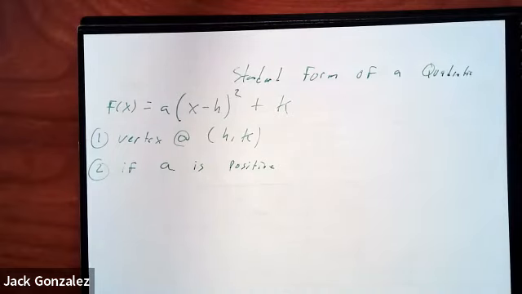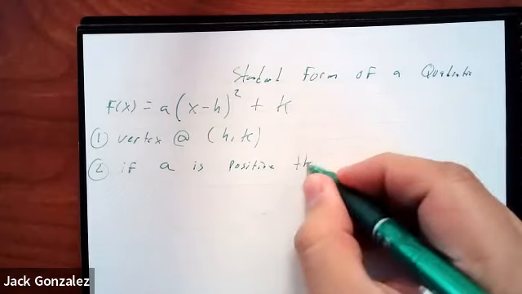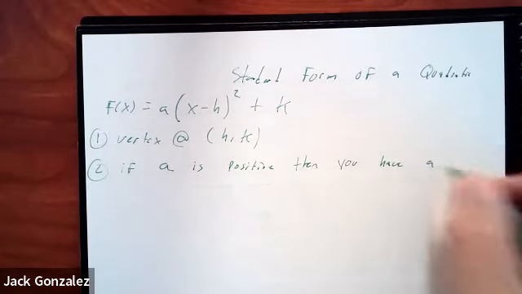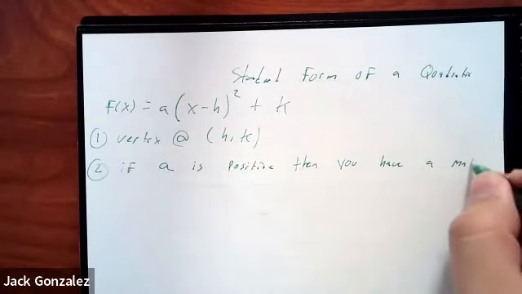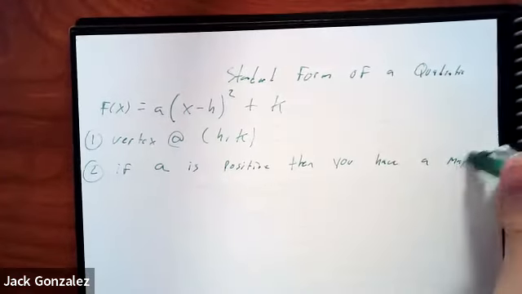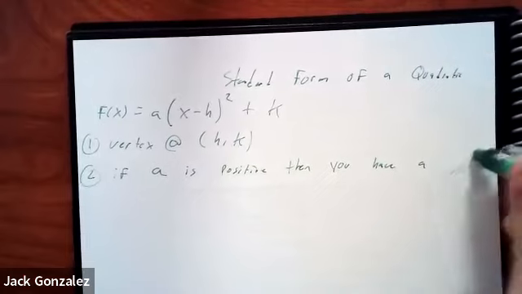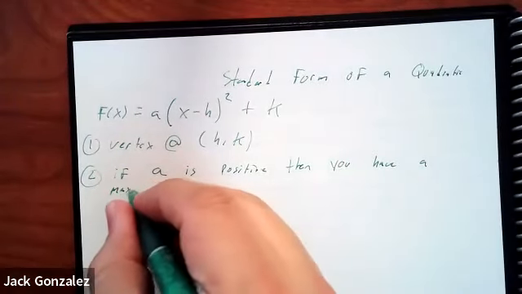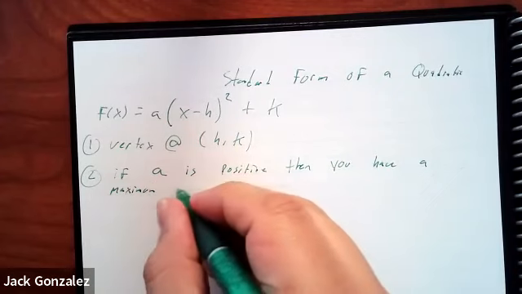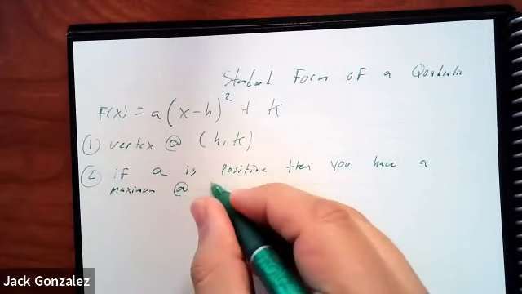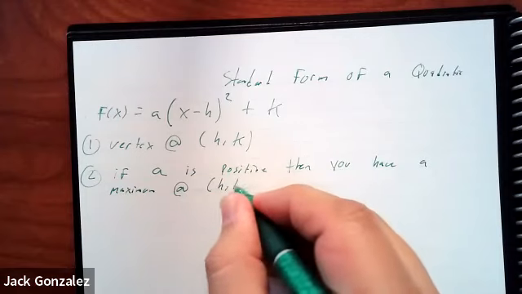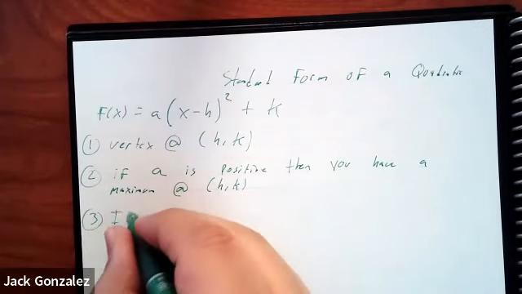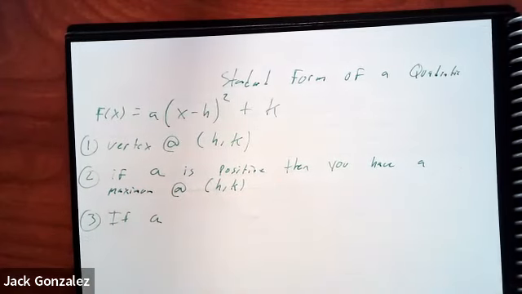So if little a is positive, then you have a minimum at (h, k).